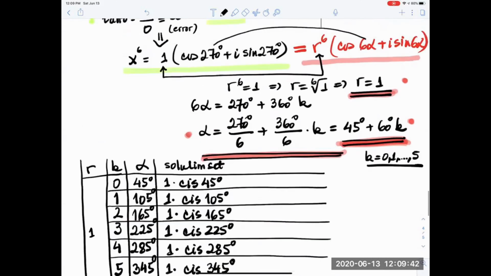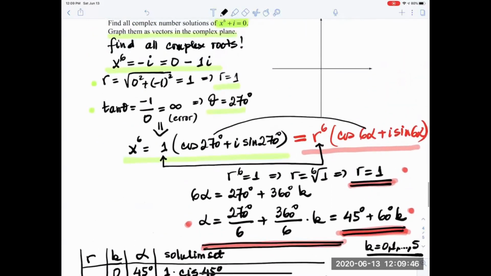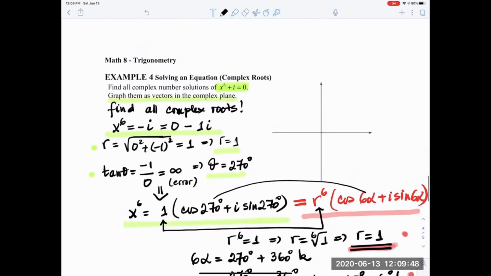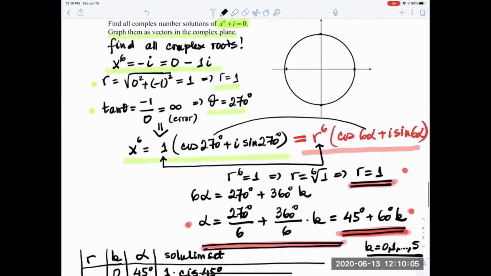So if I go back up here and put all of this together, that means if I draw a circle here that has a radius of 1, I am going to be sitting on a radius of 1. So I'm going to attempt this with the help of the iPad. I make it a nice circle. There it is. And so now I just go and put the angles.